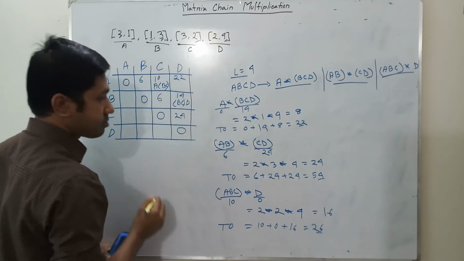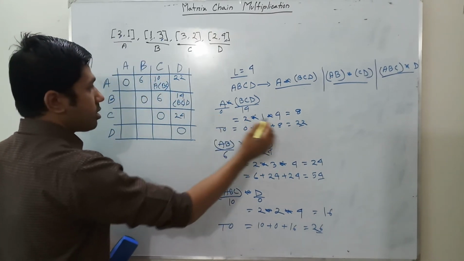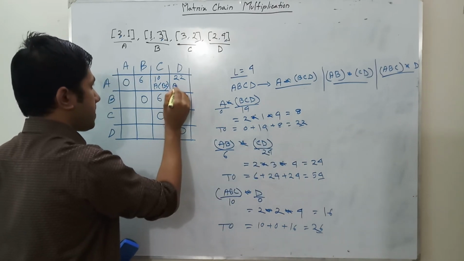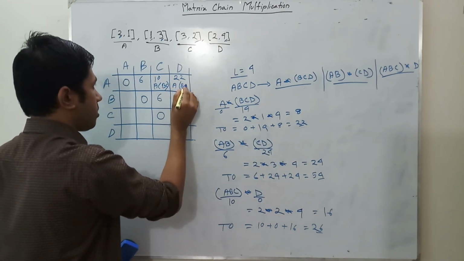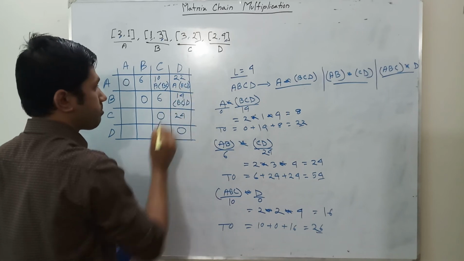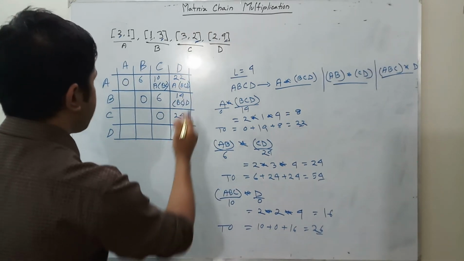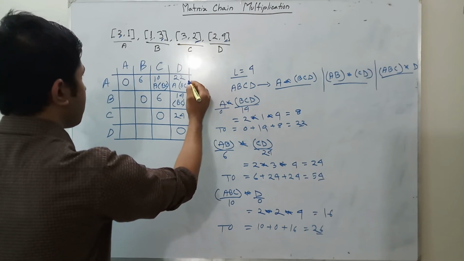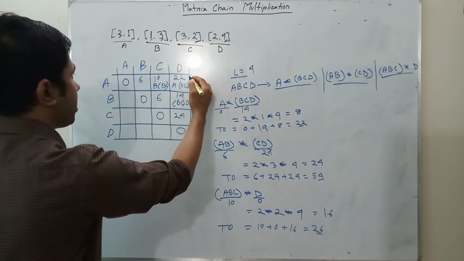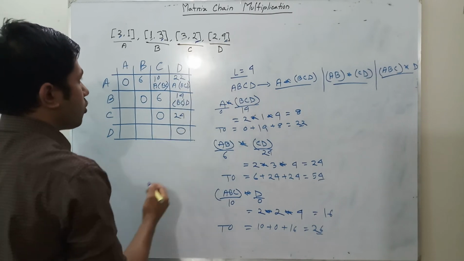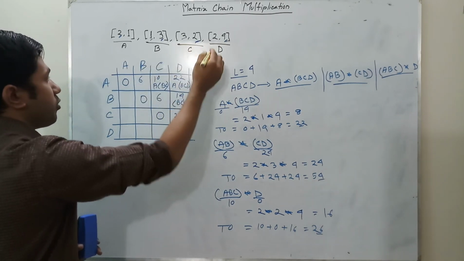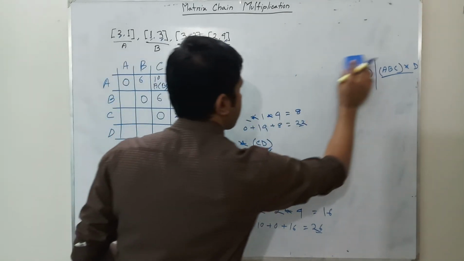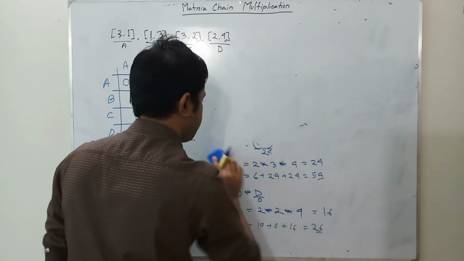We have got it. And the order to get 22 we have A, B, C and D. And this is our final point, and the total number of operations we need is 22 to multiply A with B with C with D. Now we will see in which order we need to multiply it.